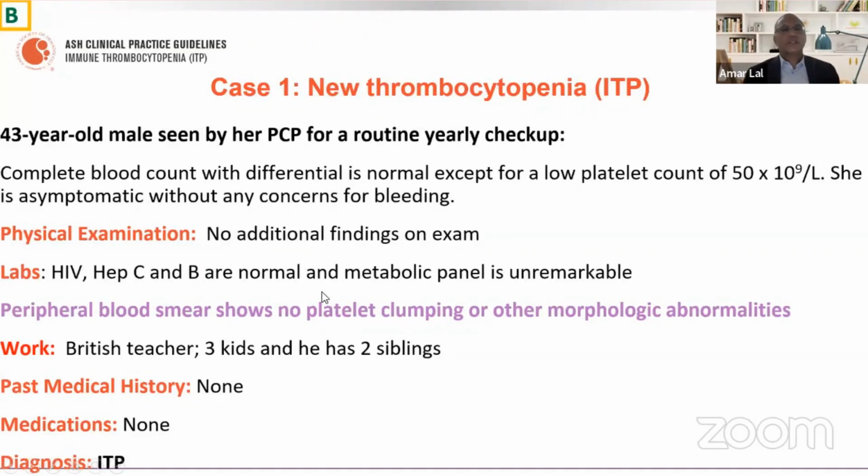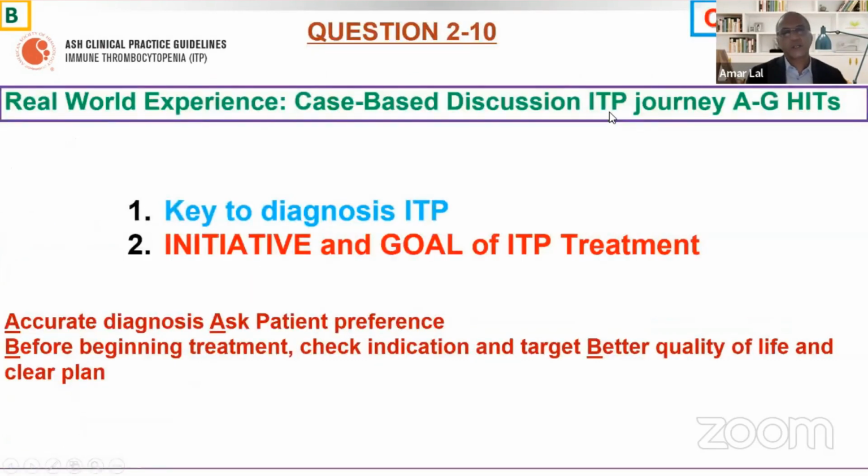In this patient, we went through all of this. The peripheral film showed no platelet clumping and no other morphological abnormalities. It was typical isolated thrombocytopenia with large platelets, and all the immune and infective tests were unremarkable. So what was the diagnosis? The diagnosis was ITP. Now we have a diagnosis.